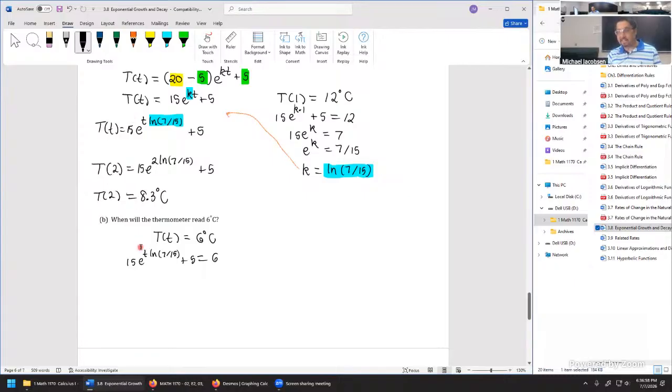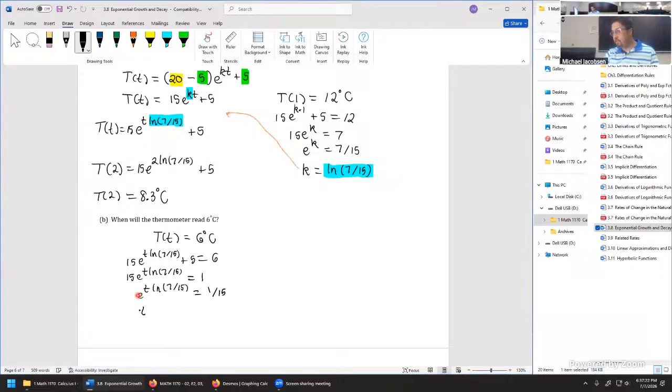As before, isolate the exponential, so subtract 5 from both sides. 15 e to the power t natural log 7/15 is 1. Divide both sides by 15. E to the power t natural log 7/15 is 1/15. Take natural log of both sides.